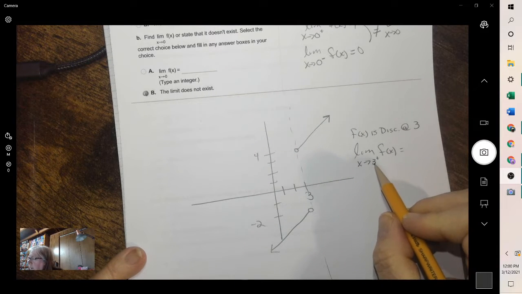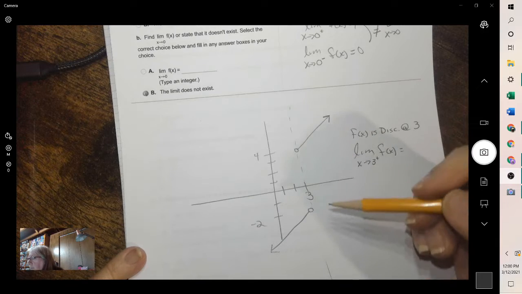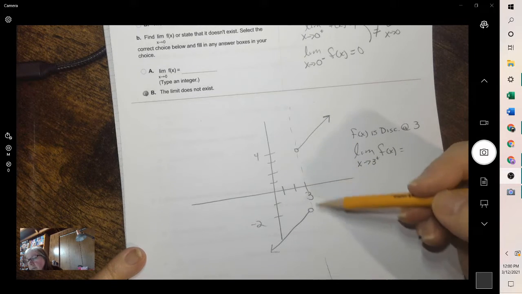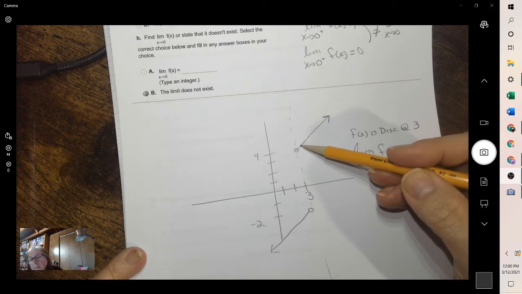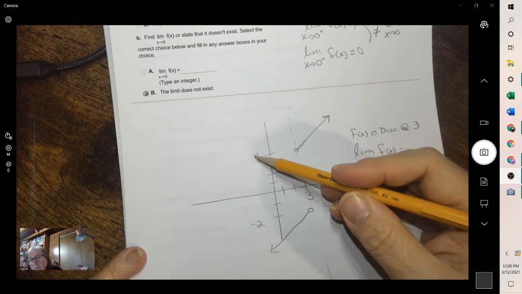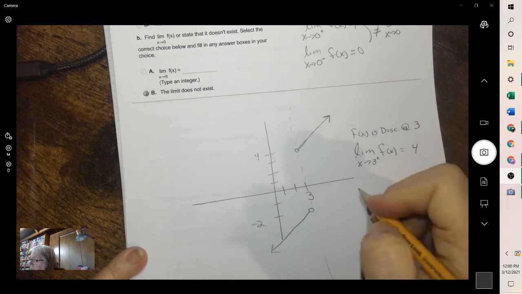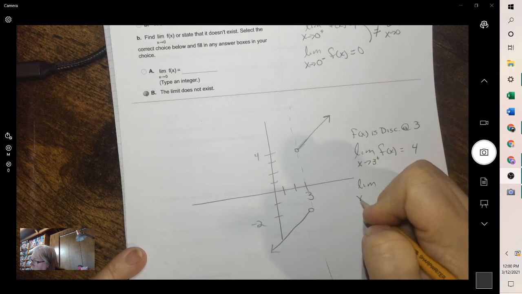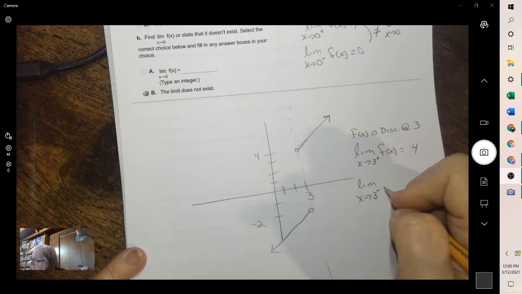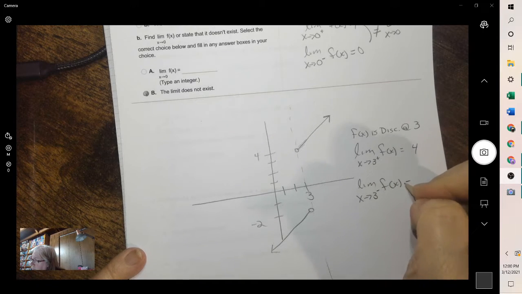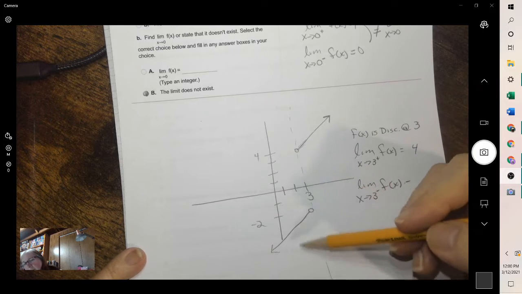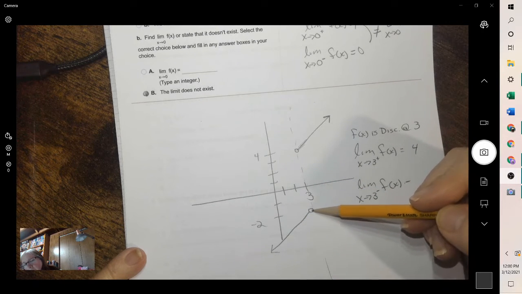And we're looking, plus means on the right. So you're looking on the right side of the dotted line. And our graph is here at 4. Limit as x approaches 3 from the left, we're on this side, and the graph is approaching -2.